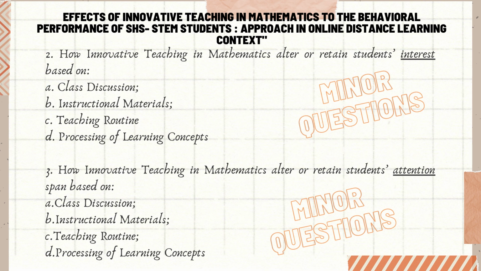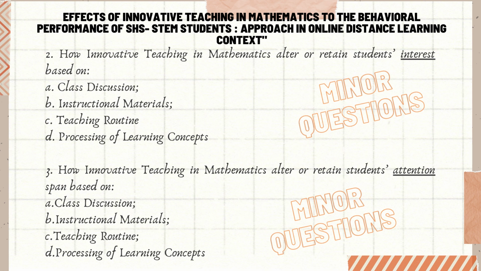How does innovative teaching in mathematics alter or retain students' attention span based on class discussion, instructional materials, teaching routine, processing of learning concepts. In these questions, we have class discussion, instructional materials, teaching routine, and processing of learning concepts. Makakatulong ang mga variables na ito para sa research nila.